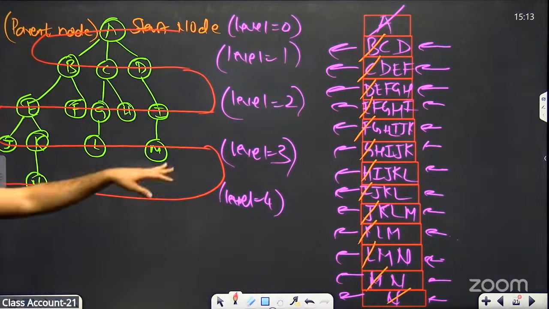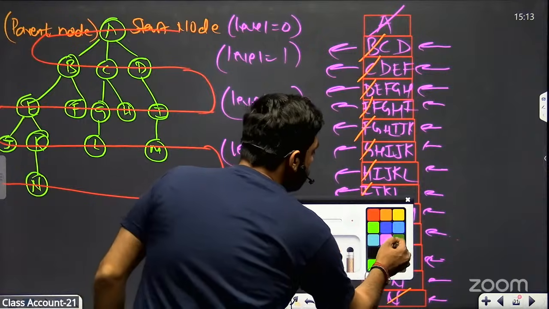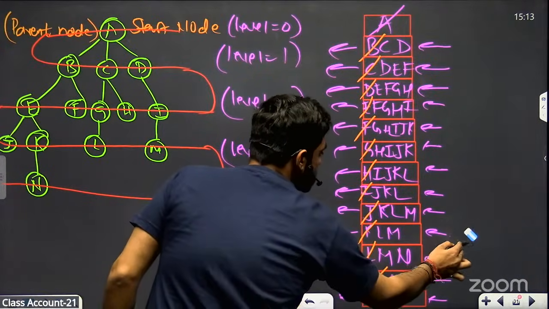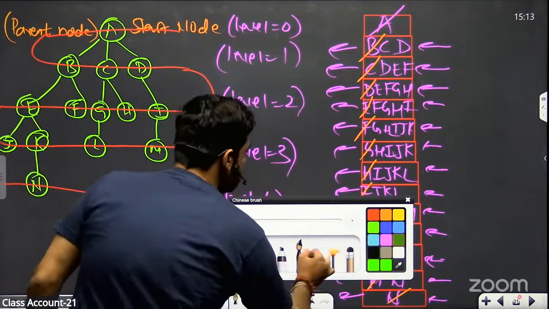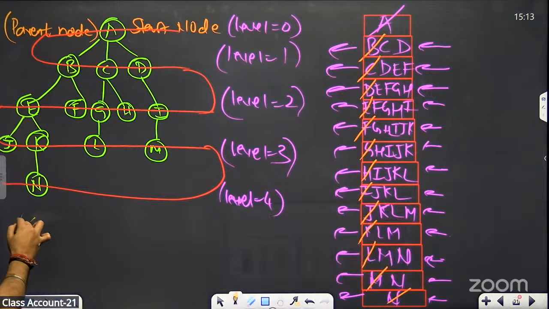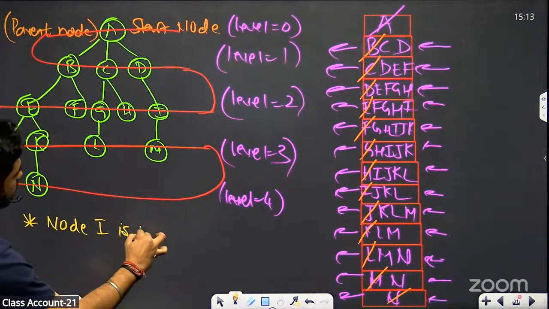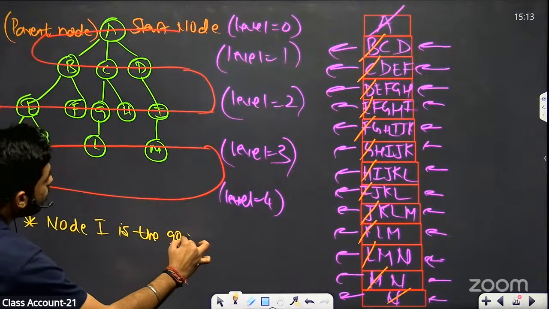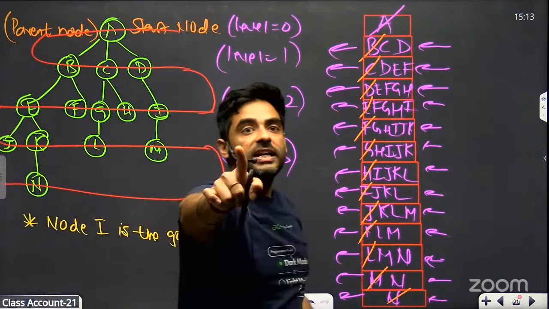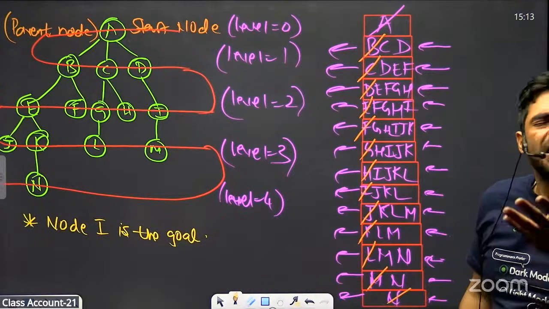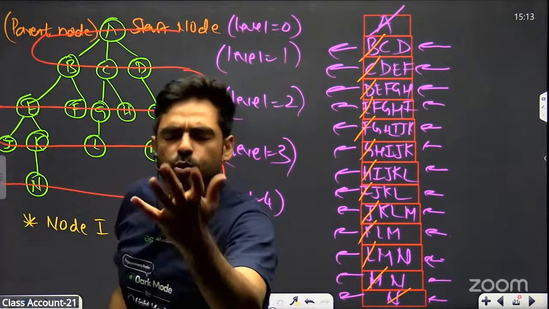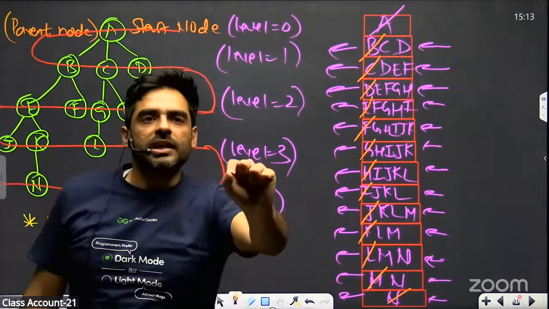Okay, now for example, I have to perform goal test. For example, if node I is the goal. So at every state, goal test would be performed. You can just remember that word, goal test. Nothing else. What is goal test?